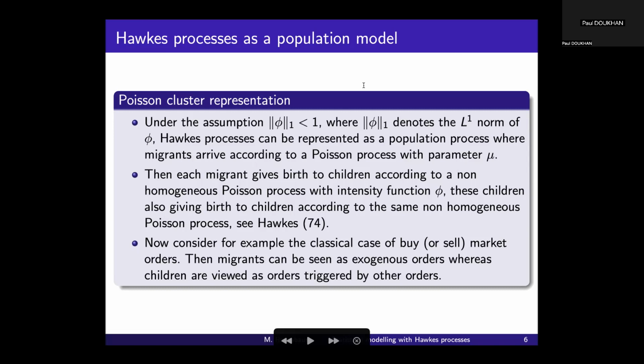You mean like a Poisson cluster, for example? Yes, you can really see it as a Poisson cluster. You have one point, you have one cluster. It's almost like a renewal where you separate all these families that are generated by one migrant. Actually, we're going to use this separation.